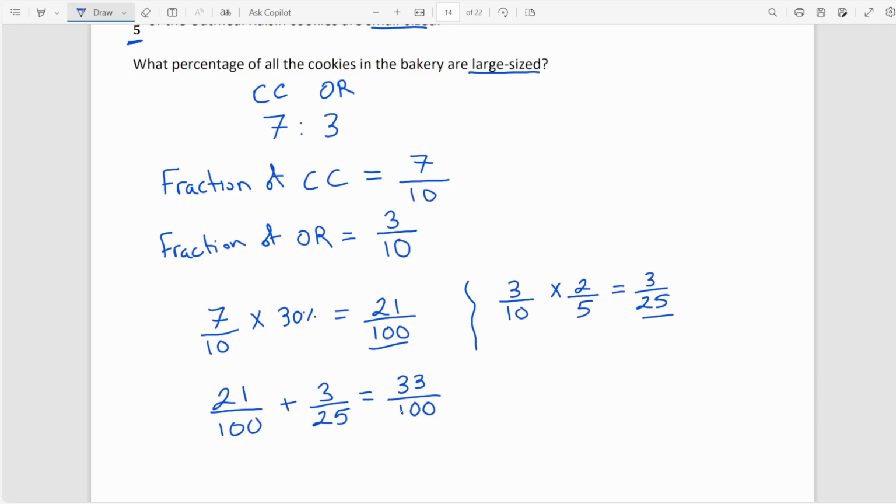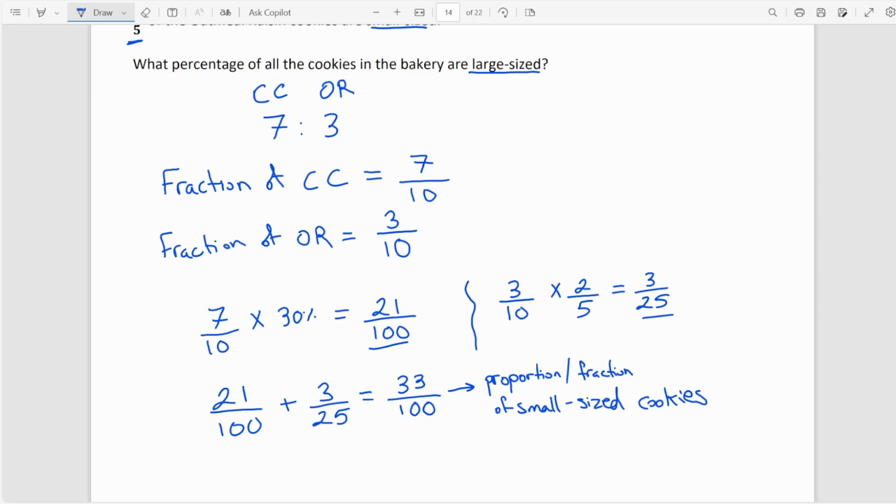So again, what is this 33 over 100? This is the proportion or the fraction of small-sized cookies. All right, whether they're chocolate chip or oatmeal raisin, overall, this is the proportion of the small-sized cookies.